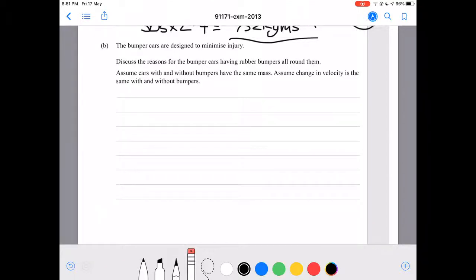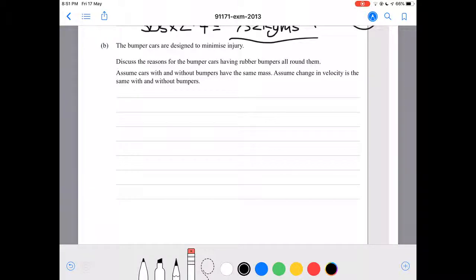And because it increases the stopping time, the force experienced by Jason is going to go down, because we know the impulse equation: change of momentum equals force times change in time, and because change in time has increased, the force experienced by Jason has decreased.